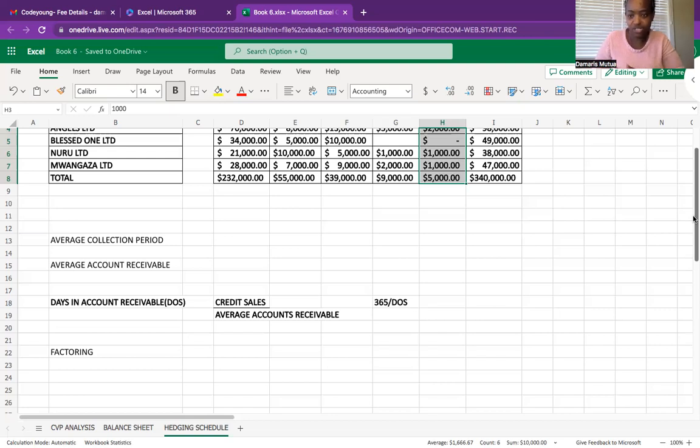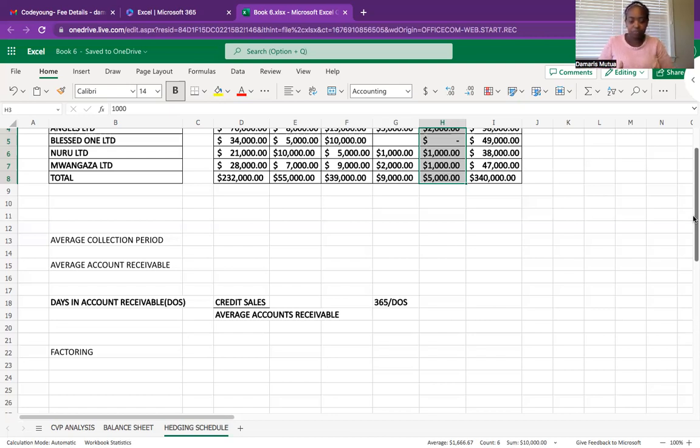But this comes at a cost, guys. The factor is gonna charge us. There's a fee attached to factoring. So you've transferred your receivable to a third party to collect your receivables on your behalf. They're gonna charge you interest. They're gonna charge you collection fees. Then the agreement would be like, you give us your receivables, we follow up on your behalf.